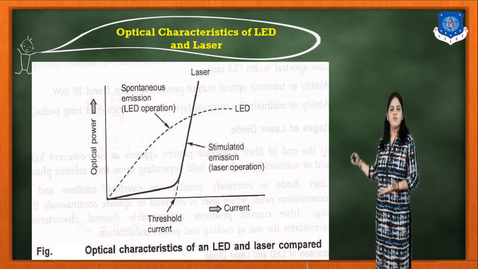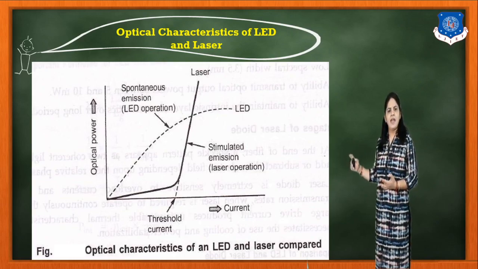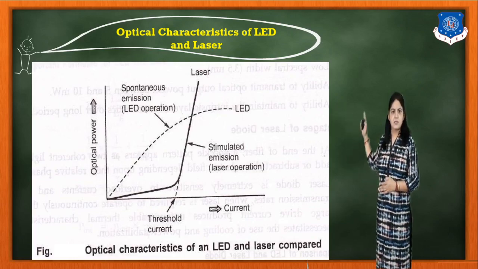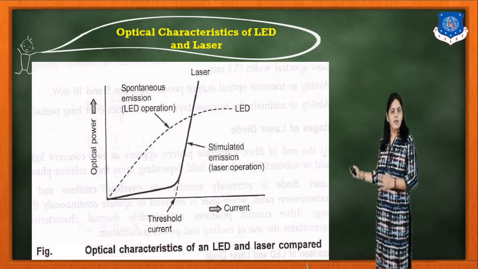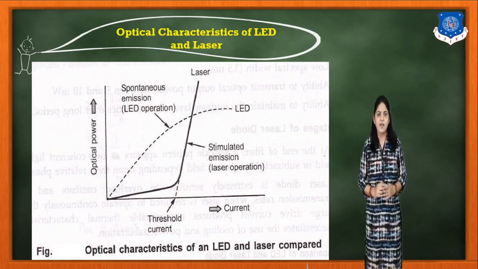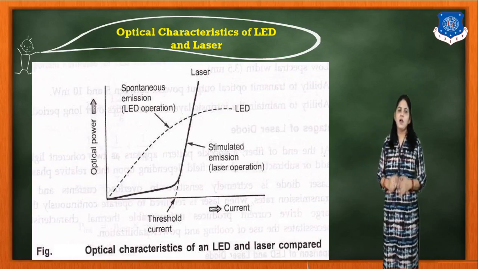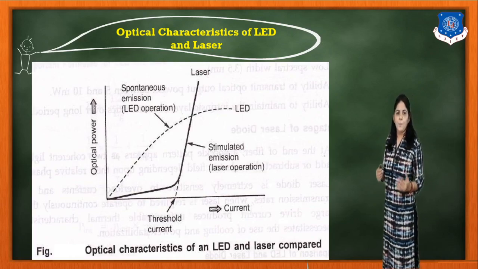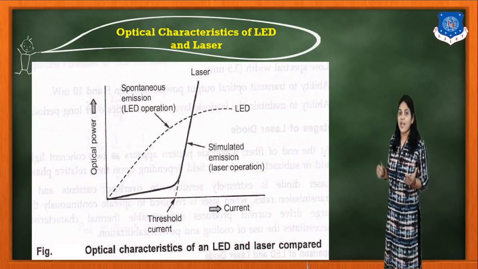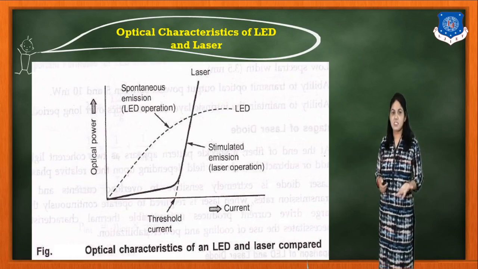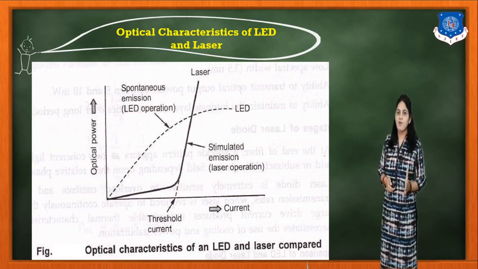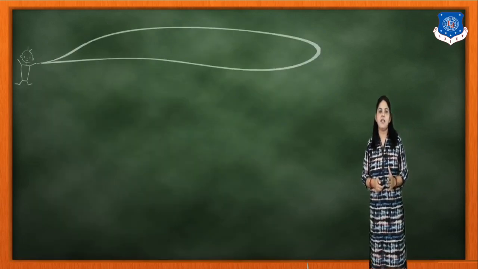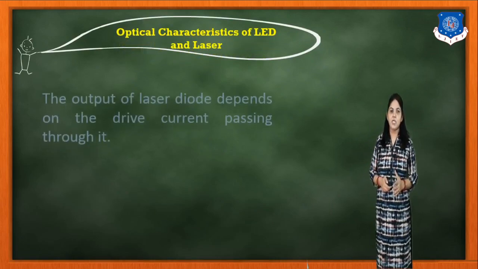Whenever the current reaches the threshold, after the threshold it acts as a laser, and when the current is less than the threshold value, the operation is more like an LED. So we can see the optical power versus current diagram over here.